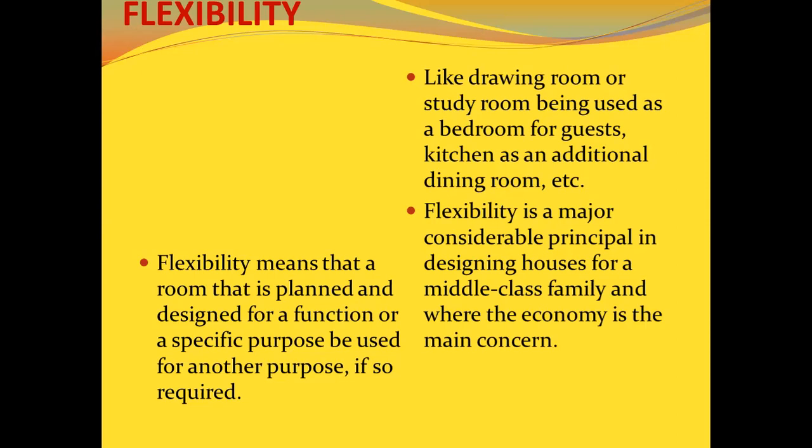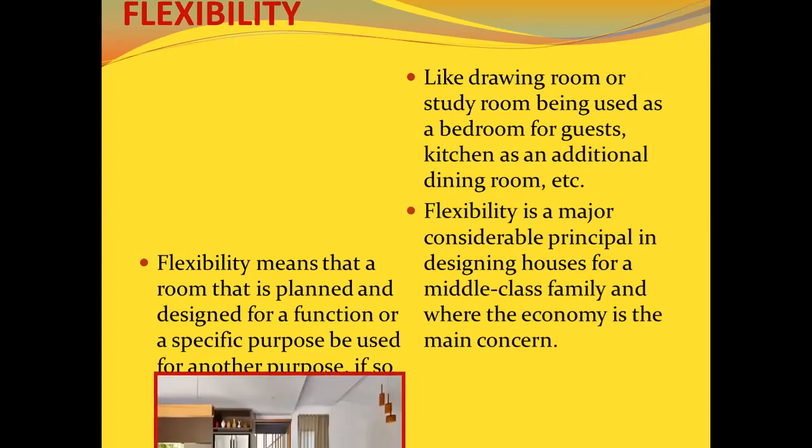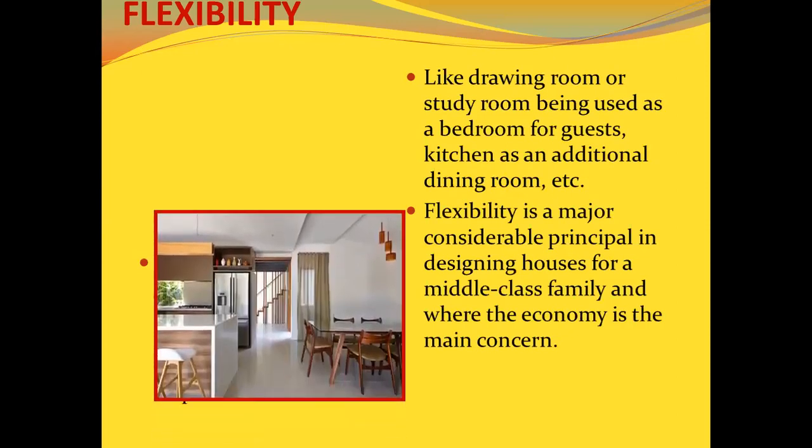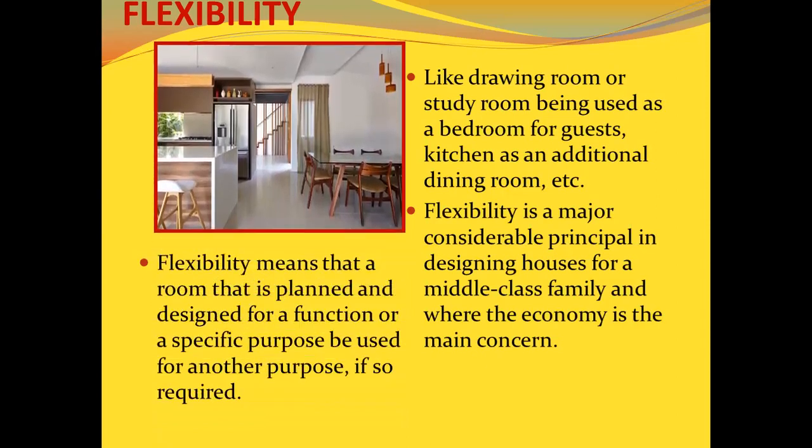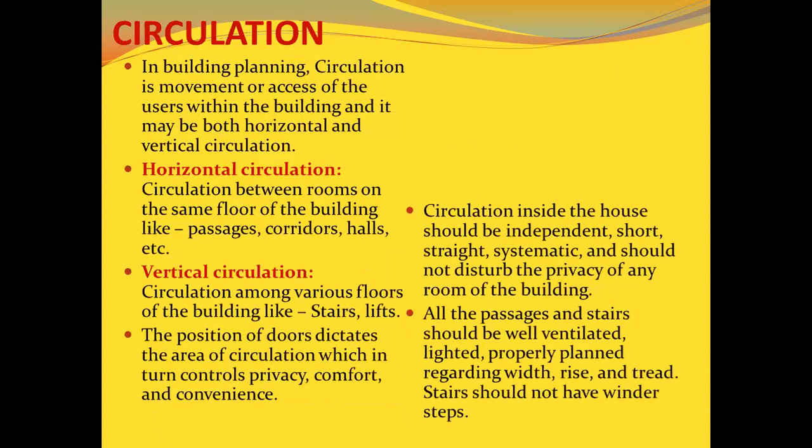Flexibility is a major principle in houses for middle class families where economy is the main concern. This picture clearly shows the kitchen as well as the dining part. So the dining part is a movable thing. We can change it according to our convenience.